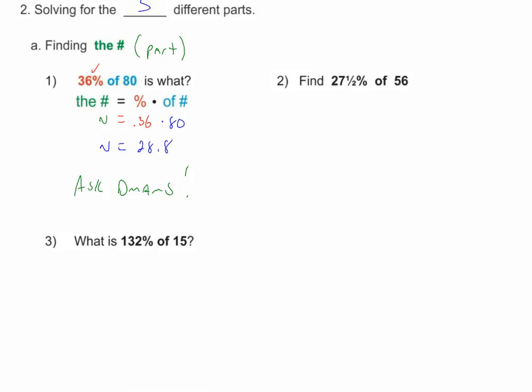Okay, so here's a little bit of what we're doing. We want 36% of 80, correct? Here's some of the reasoning of asking the mams. I would think most of you know 50% of 80. 50% of something is how much of it? Half of it. What's half of 80? 40. Is 36 less than 50?